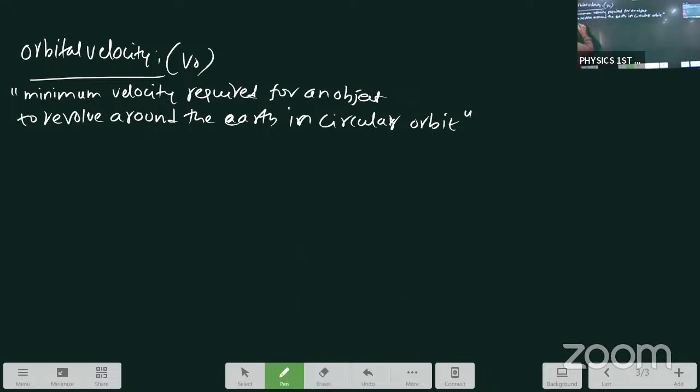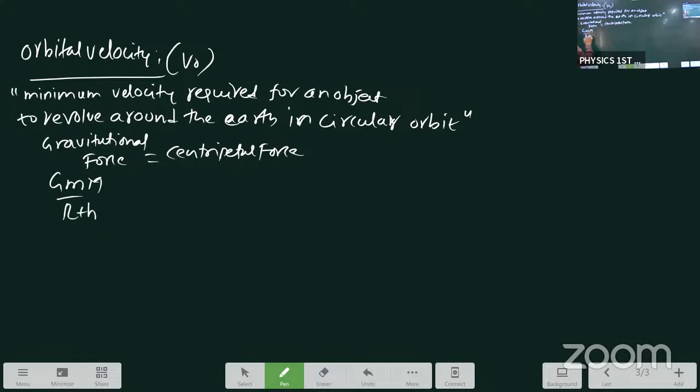Then point number 1: the statement, definition of orbital velocity, in equilibrium position. Gravitational force provides centripetal force. So gravitational force GMm by (r+h) whole squared equals centripetal force mv squared by r. m and (r+h) cancel each other.